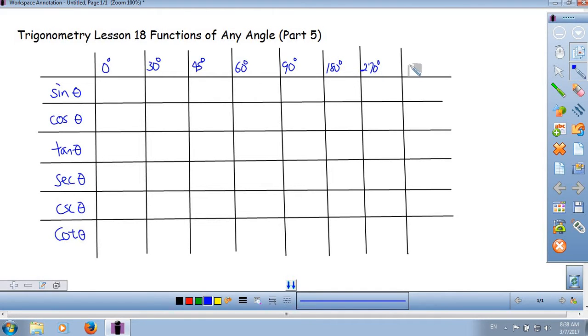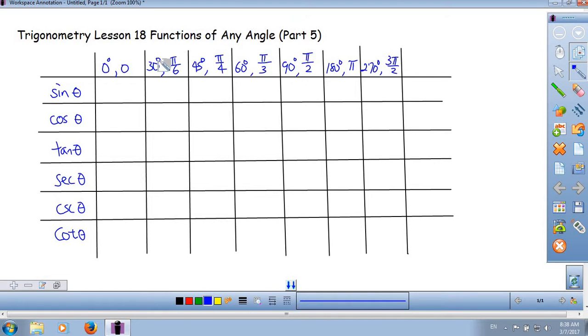You can add another column for 360, but 360 is just the same as 0, so we're not going to do that. Now, let's also put the radians. The radian is 0, pi over 6, pi over 4, pi over 3, and then 90 degrees is pi over 2, 180 degrees is pi, and then 270 is 3 pi over 2. So we have a good reference for everything here.